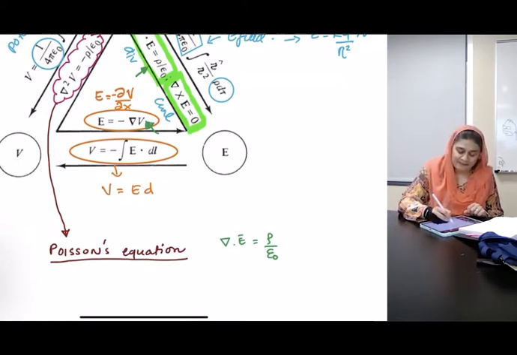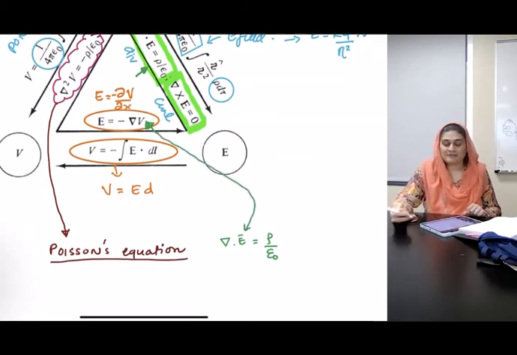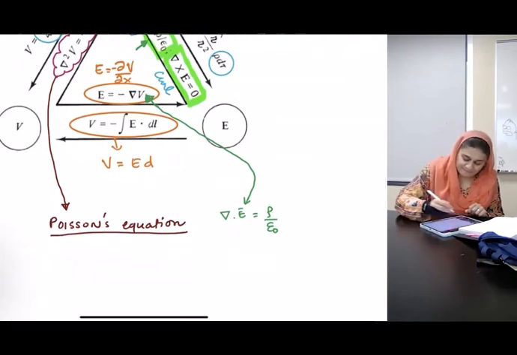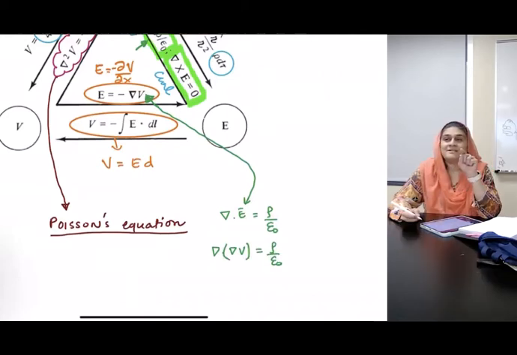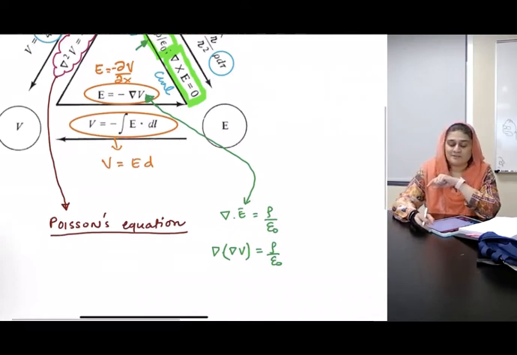May I plug this value in here? What will I get? That is the divergence of a divergence that we did in chapter 1. And what was the result?